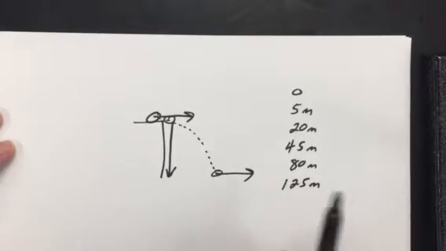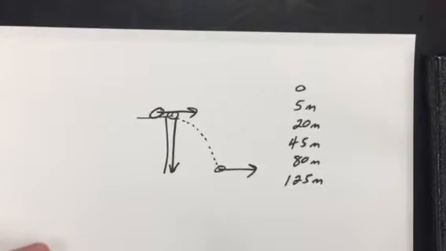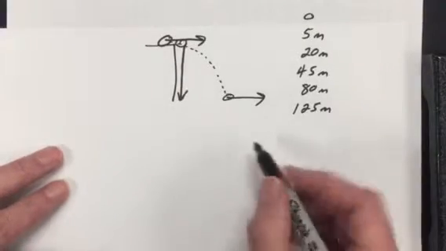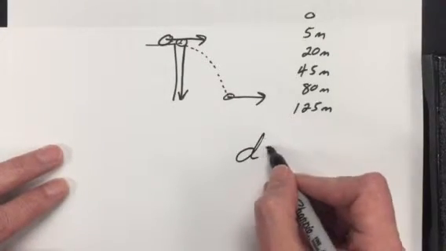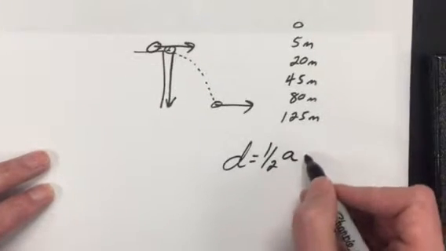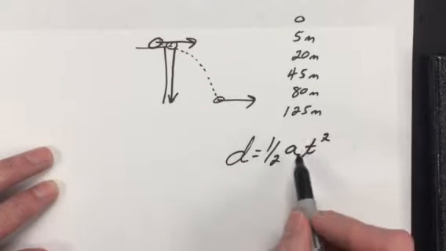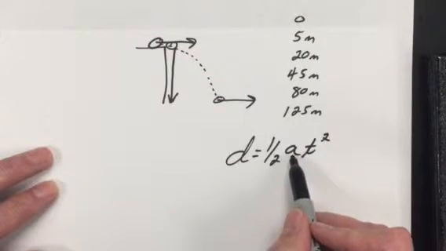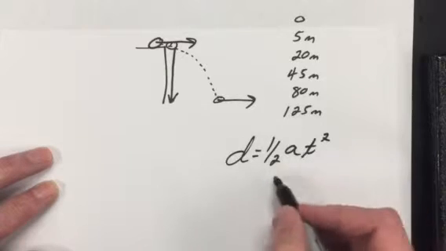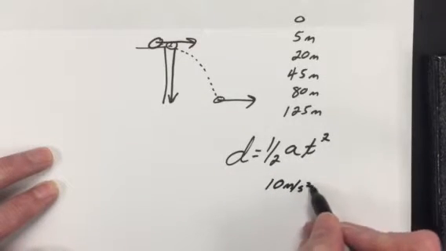Now, how do you calculate that? Well, the formula that you need to make sure that you memorize or keep handy on a card or something is distance equals 1/2 the acceleration due to gravity times the time squared. Now, for our calculations, our acceleration due to gravity, we are simplifying into 10 meters per second squared.